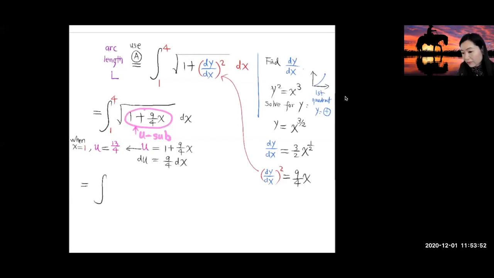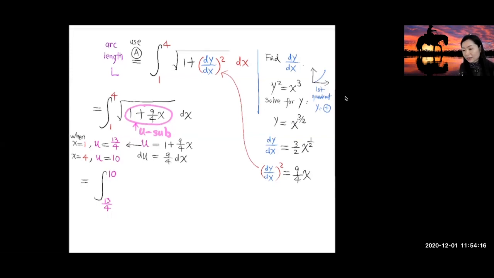So the lower limit for u is 13 over 4. When x equals the upper limit 4, u is equal to 10. So 10 is the upper limit. You need to change the upper and lower limits after you do the u sub.